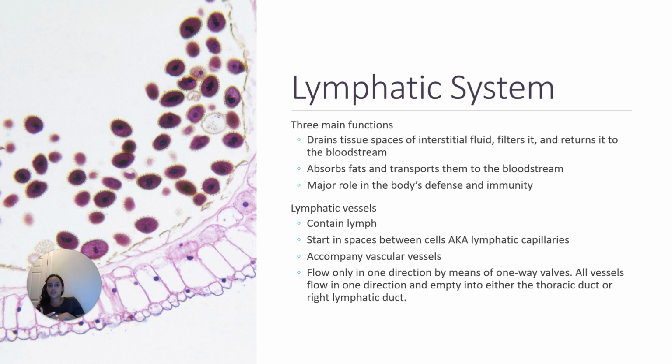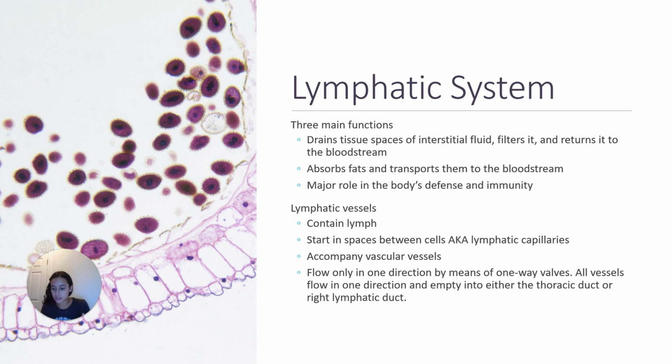It drains tissue spaces of interstitial fluid, it filters it, and it returns it to the bloodstream. So between these cells, it basically takes the interstitial fluid out, filters it, cleans it up, and then returns it back into the bloodstream. The lymphatic system also absorbs fat and transports it back into the bloodstream, and it plays a major role in the body's defense and immunity.